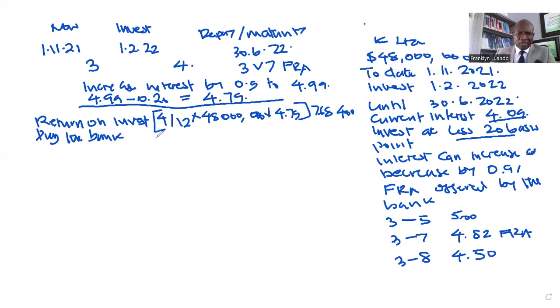You are paying the bank the difference. 4.99 less 4.82 multiplied by 4 upon 12 multiplied by 48 million. So how much do we have there? 27,200.